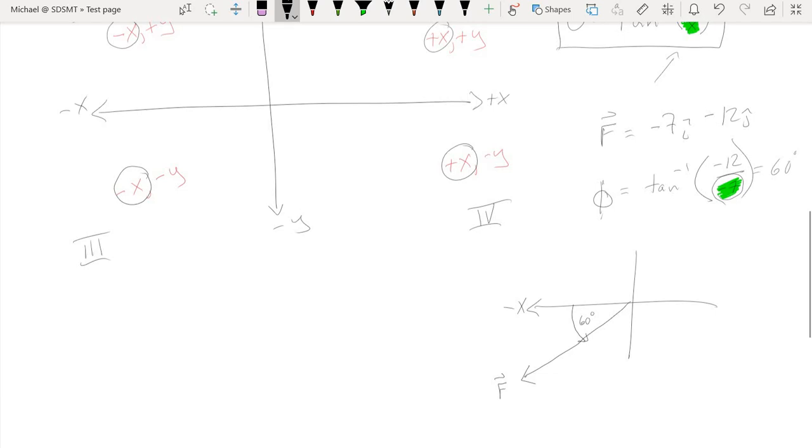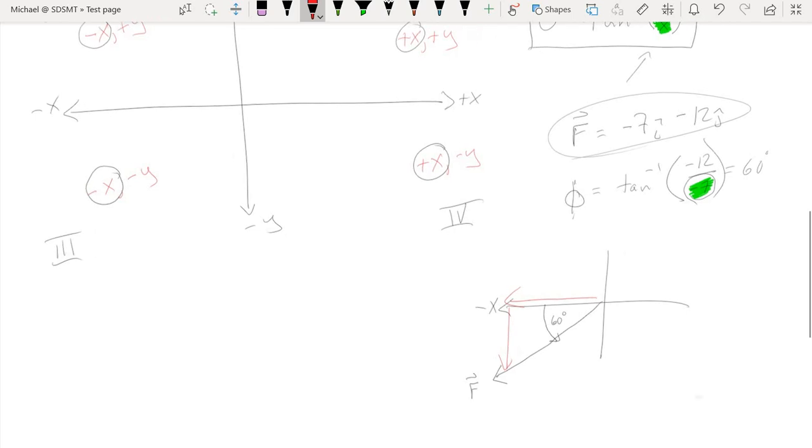Now, if you were to sketch in the components of vector f, well, vector f has a negative x component and a negative y component. Does everything look like it's matching up? Yes, it does. Both components are negative. My vector is in the third quadrant, and I do have a positive 60-degree measure from that negative x-axis.